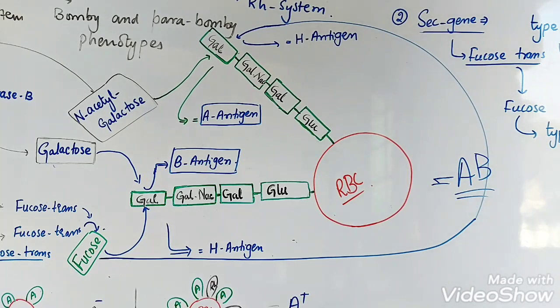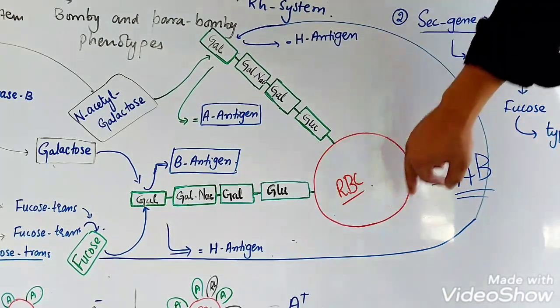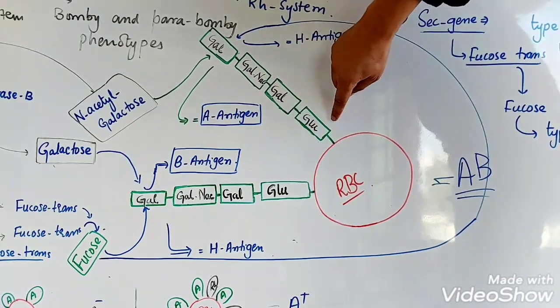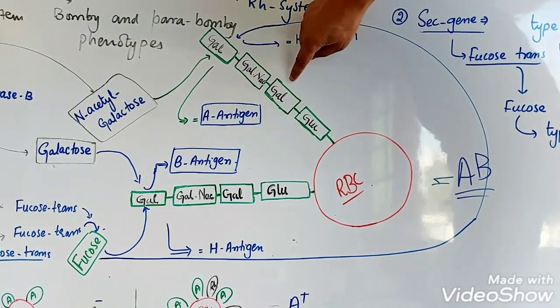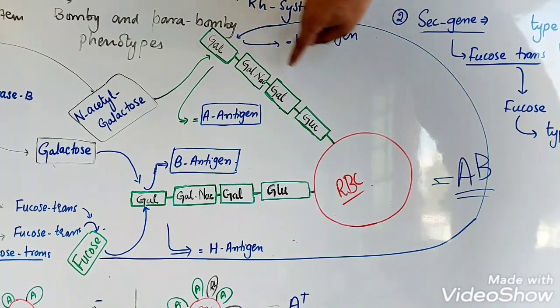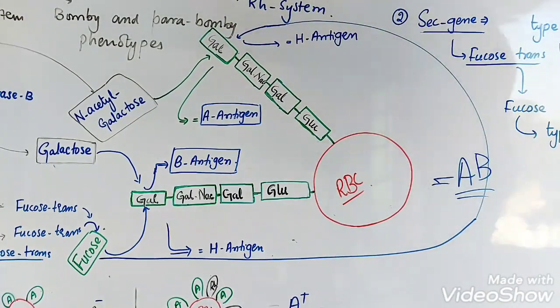This chain will be modified into the antigens, either antigen A or antigen B. But this is the basic structure that you need to memorize: glucose, D-galactose, N-acetyl galactose, and this one galactose.